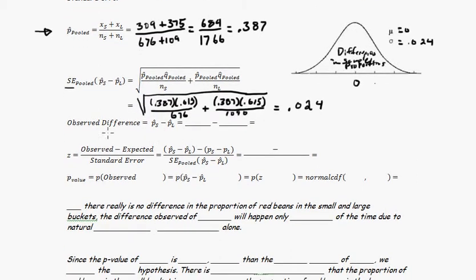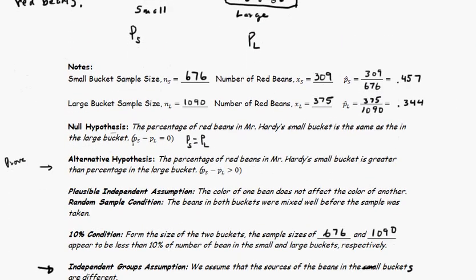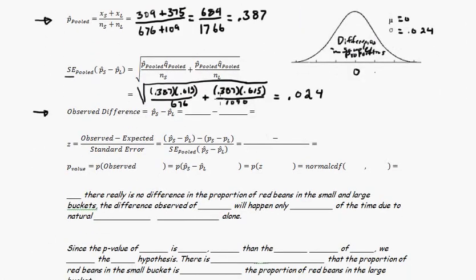Okay, so now this is where the rubber meets the road. Now we're going to compare the observed difference. So we have two observed values that we have right here, these two values. So what we want to do is find their difference. Okay, so 0.457 minus 0.344, and we get 0.113.